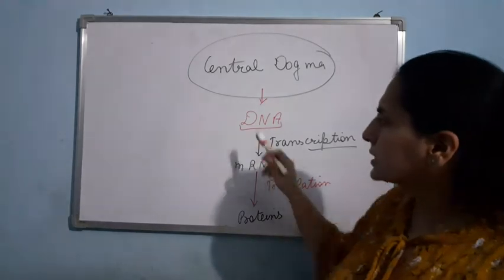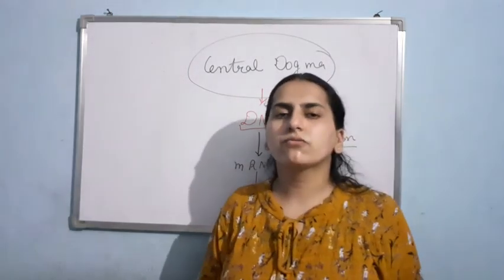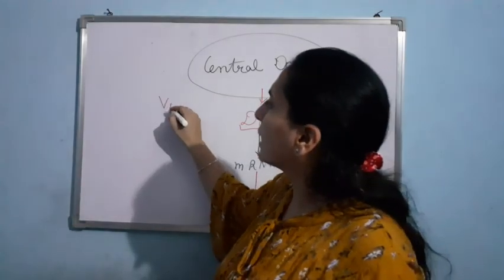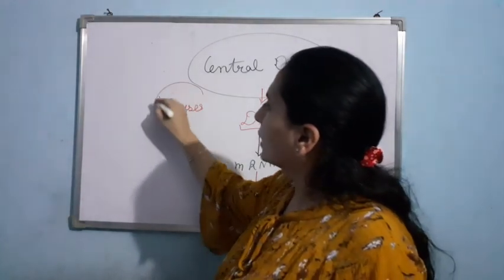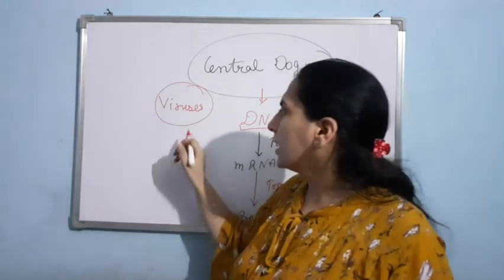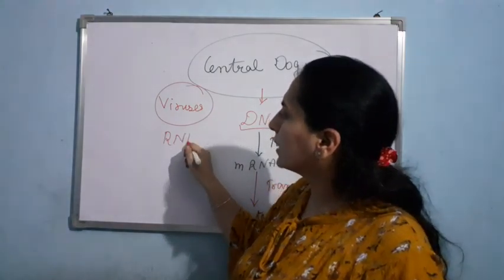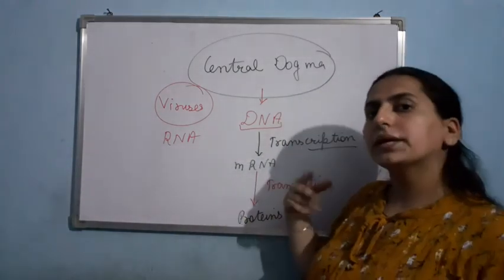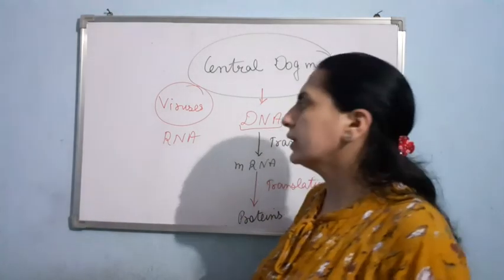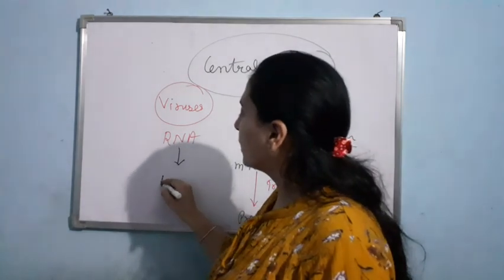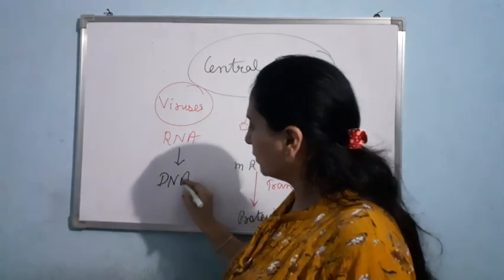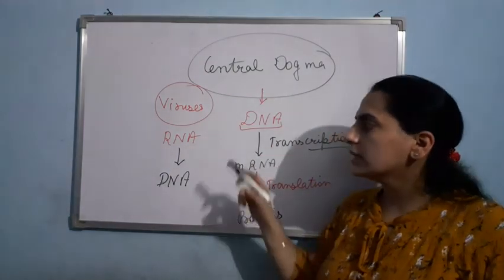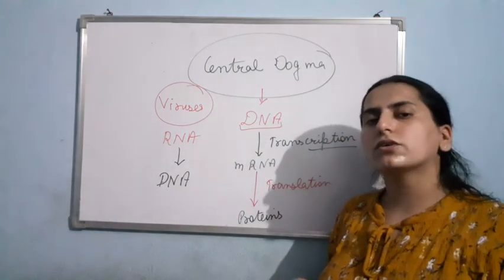Now one more thing, as I told you, when mRNA is formed from DNA, it is transcription. Now what is happening in many viruses? Instead of DNA, they have RNA as genetic material. Now what are they doing? Like we are making RNA from DNA, but what are they doing? From the RNA, they are making DNA. Am I clear? In some viruses where RNA is the genetic material, they are doing the reverse of this.